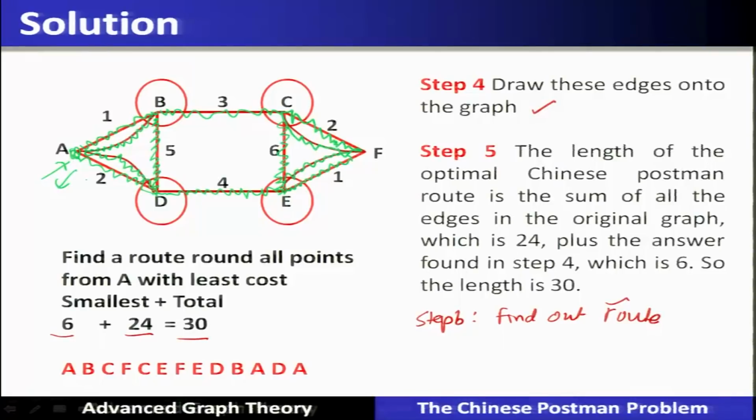So, we started from A and reached A traversing all the edges exactly once, with the total cost 30. So, this is the solution of the Chinese Postman problem.